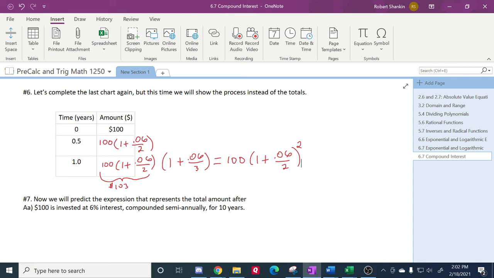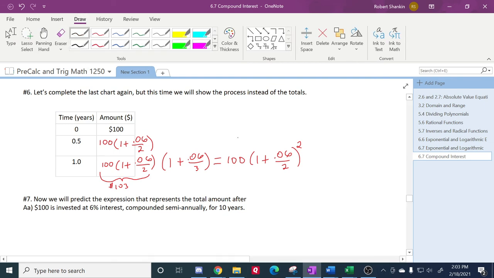So go ahead and type that into your group chat, but don't hit enter yet. Take a guess. Go ahead and hit enter.